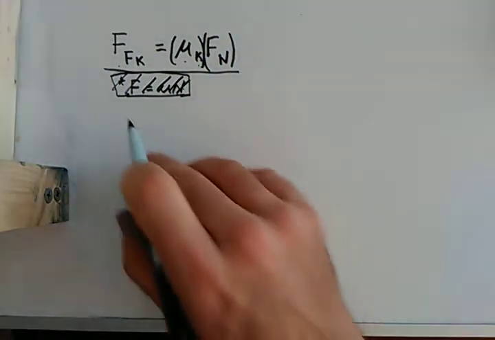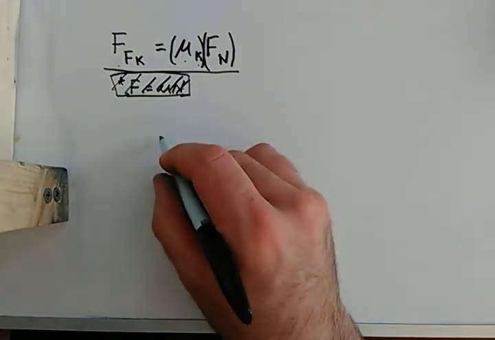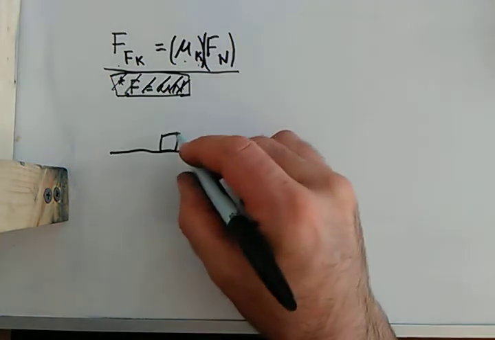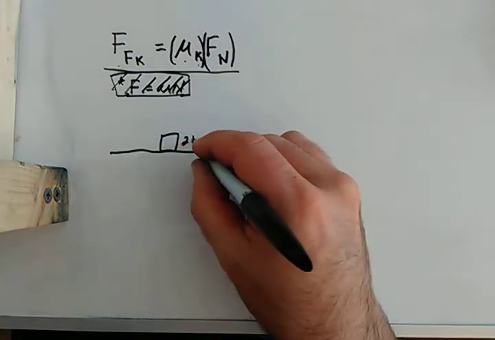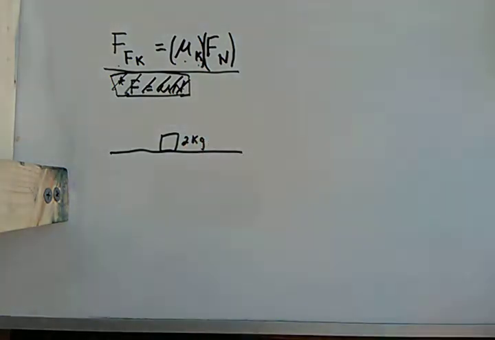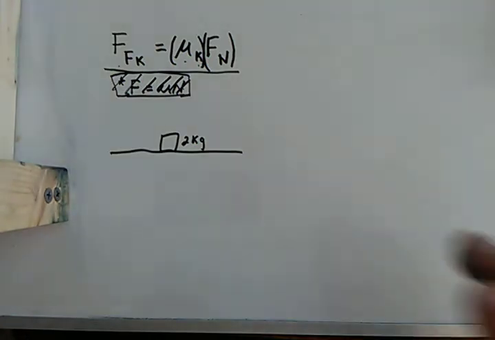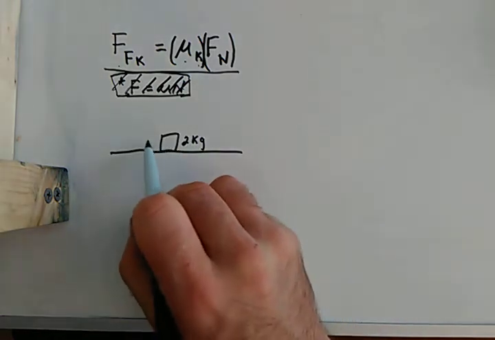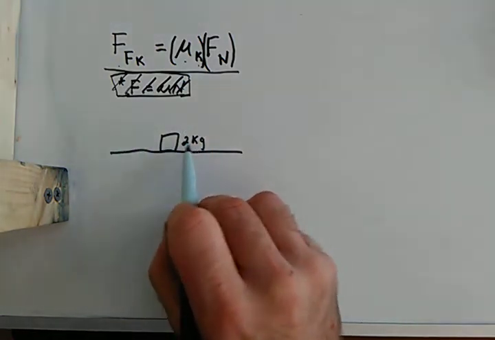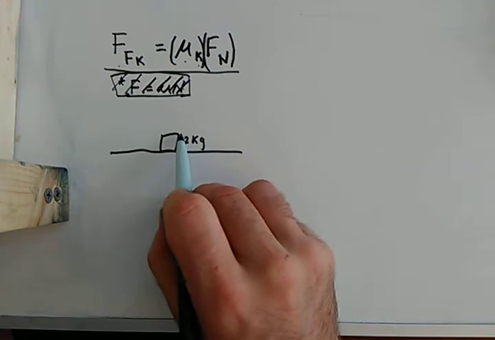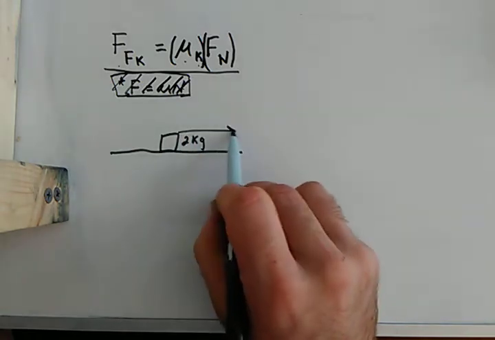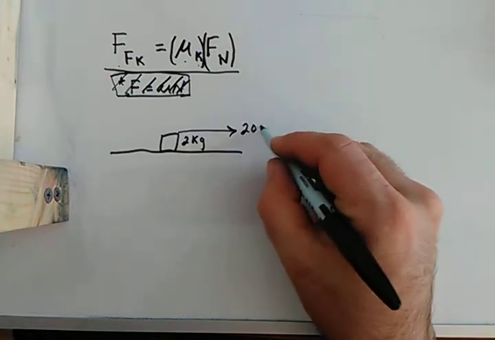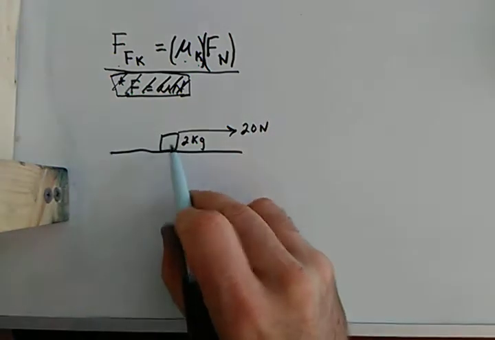Now, if I have an object like this, like a box, sitting on a surface, I'm going to say the box has a mass of 2 kilograms, and I want to know what kind of frictional force is going to be pulling back. Now, I'm going to draw a string pulling this way, and I'm going to apply 20 newtons of force to this.